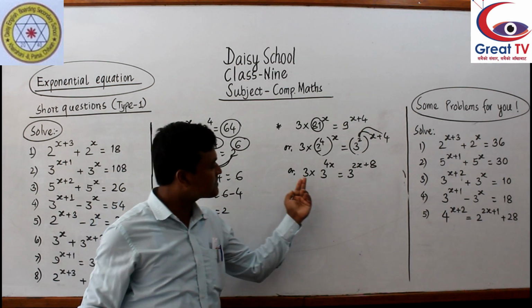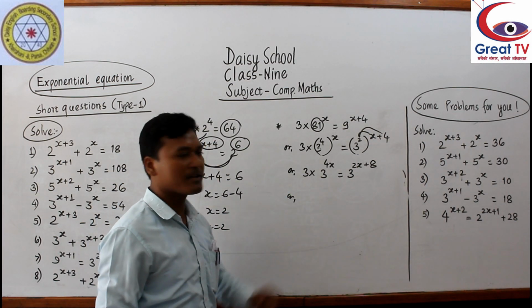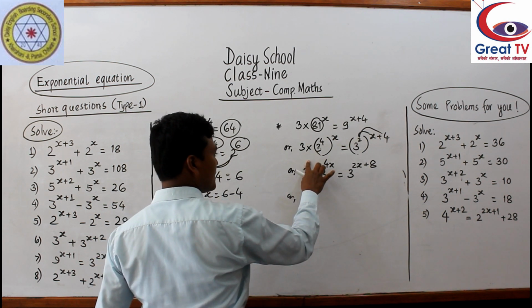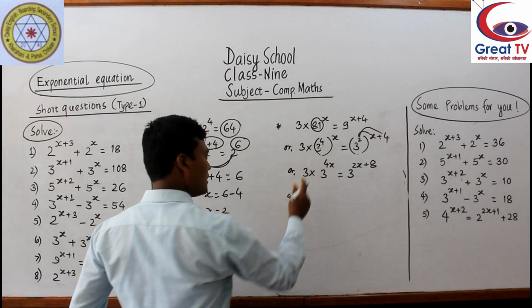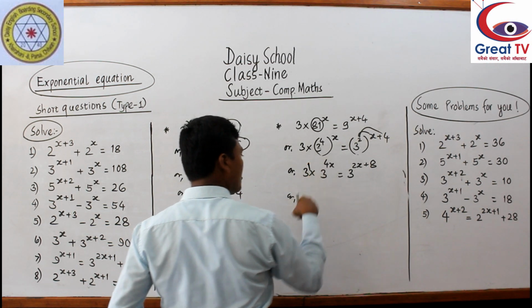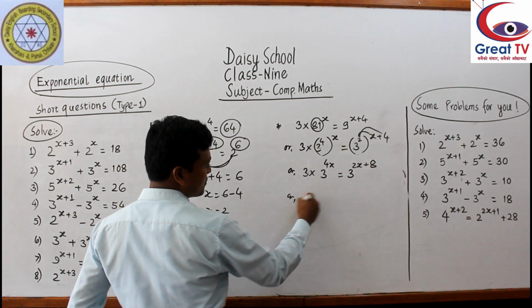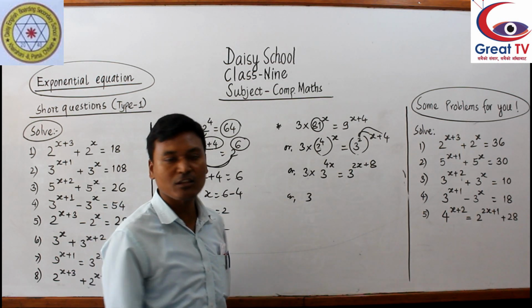Then after again on the next one we have double bases, so let us make single. Here we say 3 to the power 1. 3 has no power, but here we say it is 1 power. So using product law of index, 3 same base, single 3 in multiplication, we add the powers.